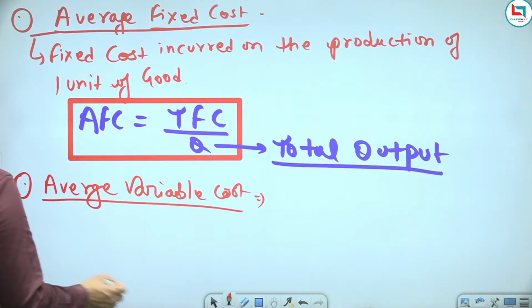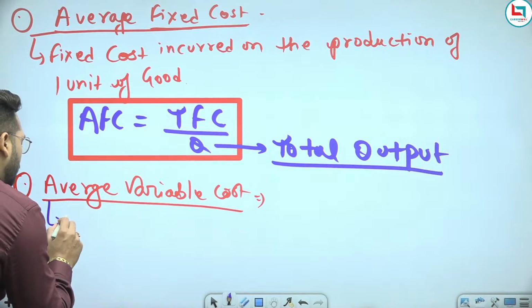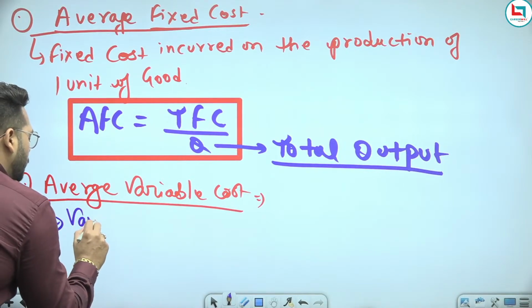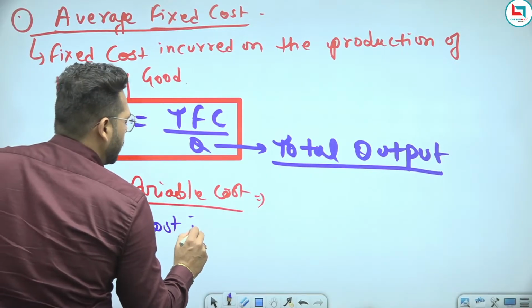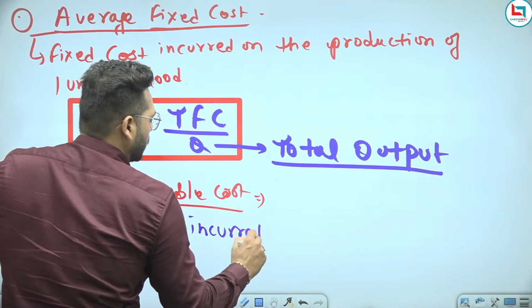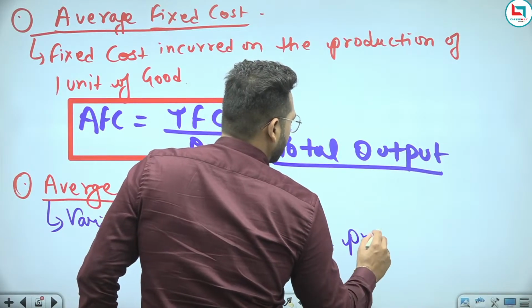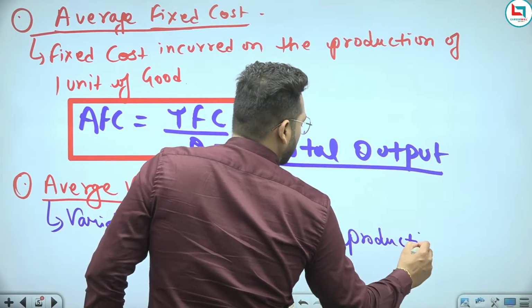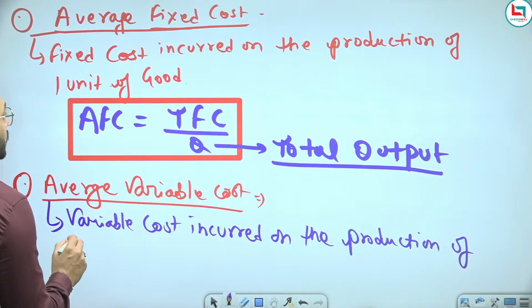So what you can write here is: variable cost incurred on the production of one unit.